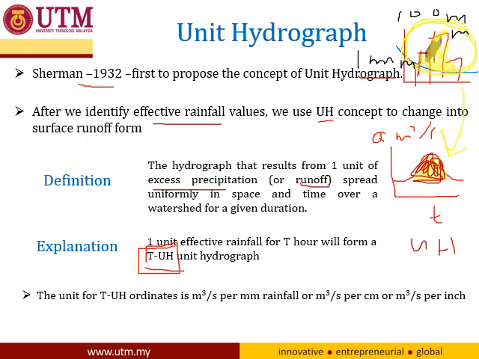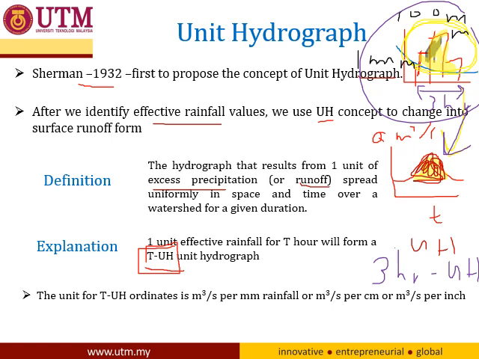You know this is the effective rainfall, and let's say the duration is 3 hours. So the production of this effective rainfall for a certain catchment for the unit hydrograph is the 3-hour unit hydrograph. This is the concept of unit hydrograph.